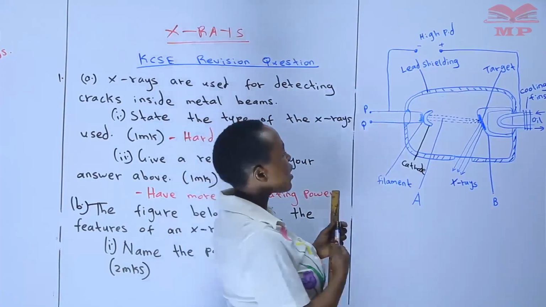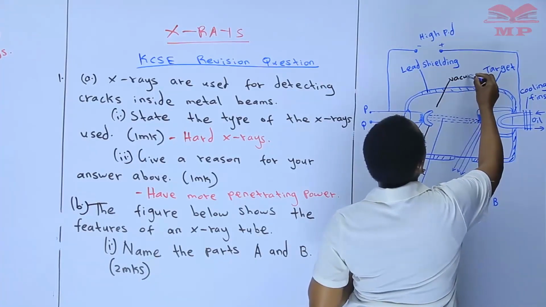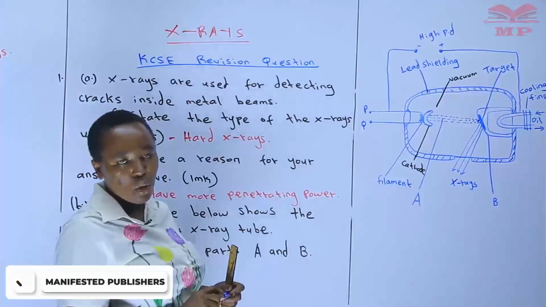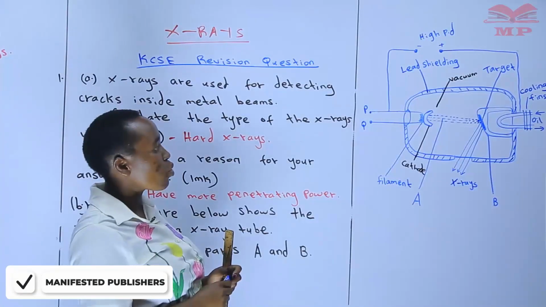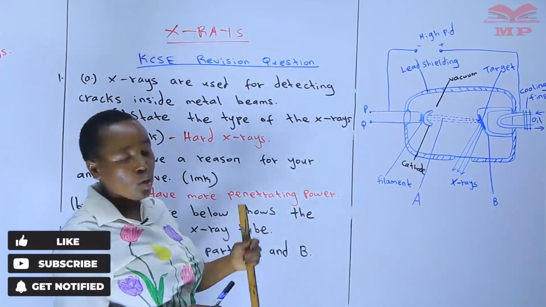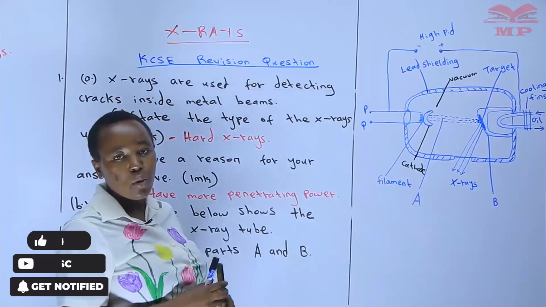Therefore we can see that inside this place here we have a vacuum to ensure that there is no ionization of the gases, and also to ensure that the electrons do not lose their energy before they get to the metal target.